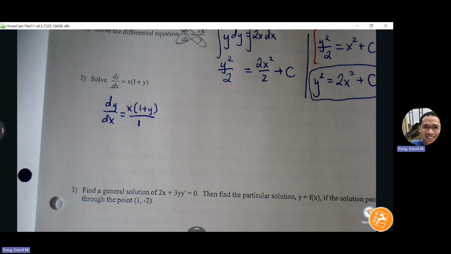Usually you try not to expand out, because the reason the parentheses is there is to help you separate the variables a little bit easier. So if you undo that parentheses, it's going to make it harder to get back. I know typically we like to expand, but for differential equations, they are there to help you out a bit.